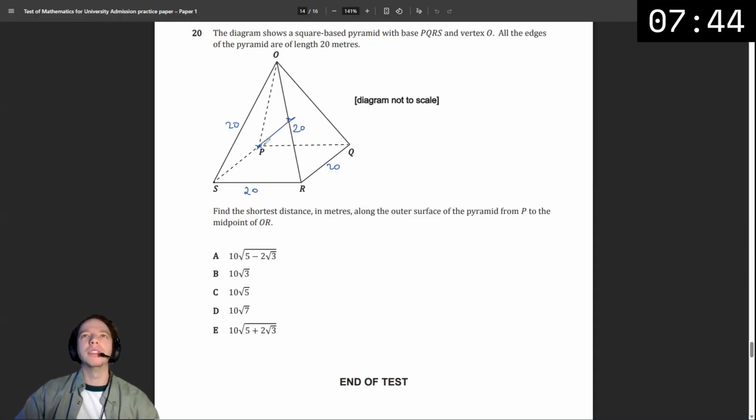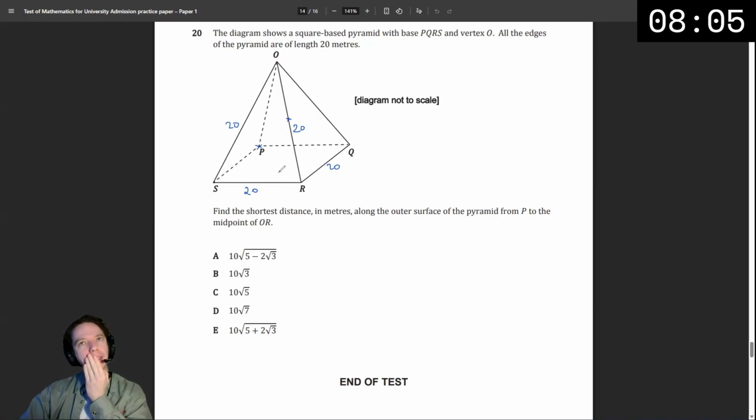Surely they don't mean just the distance. Would that mean the shortest distance? Oh, but along the outer surface. Oh, okay. They could have expressed this a little bit nicer. Okay, I understand.